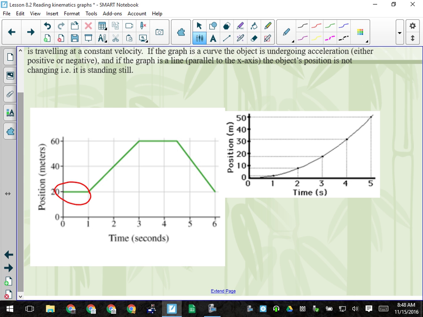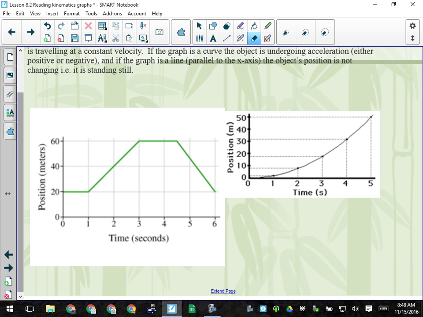It's 20 at the beginning of this, it's 20 at the end of this, it didn't go anywhere. So anytime you see a horizontal line on any kind of graph, it means that something isn't changing. The manipulated variable that's running along the bottom is changing, but the responding variable is doing nothing. In this case, the object's not moving. Everybody follow me there?